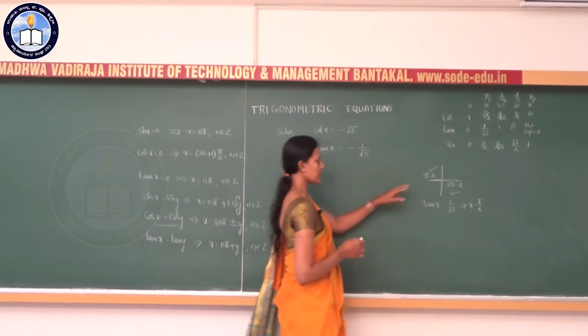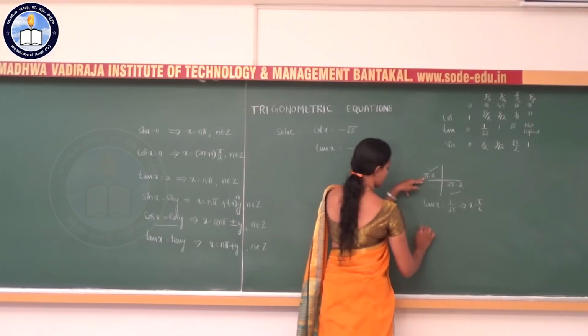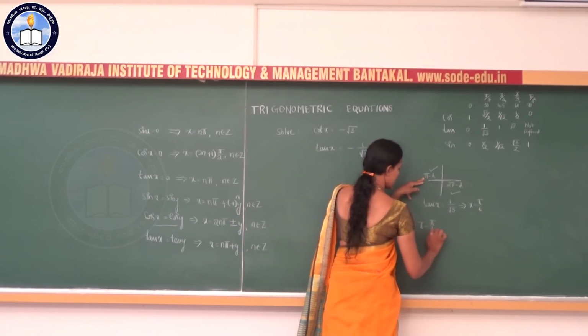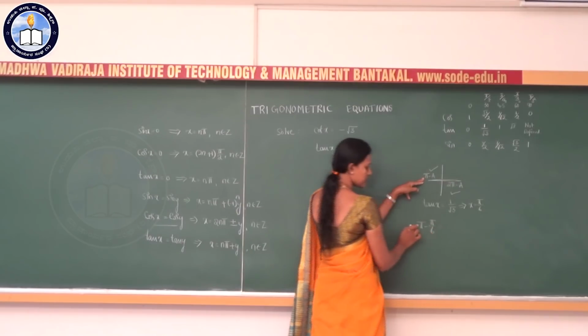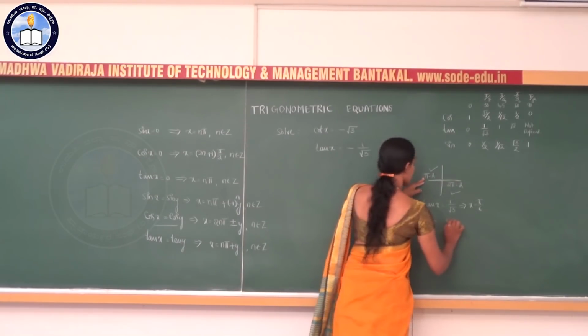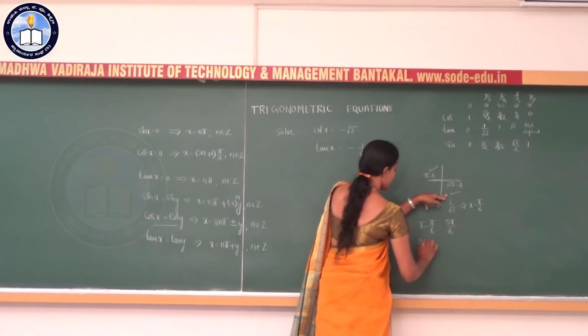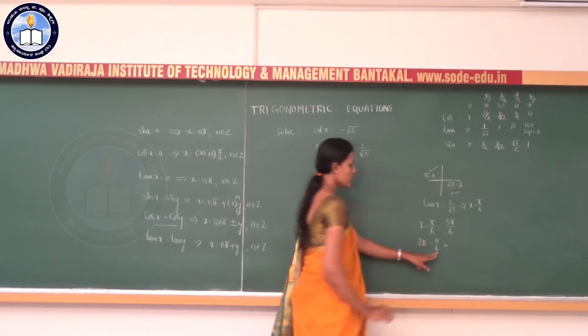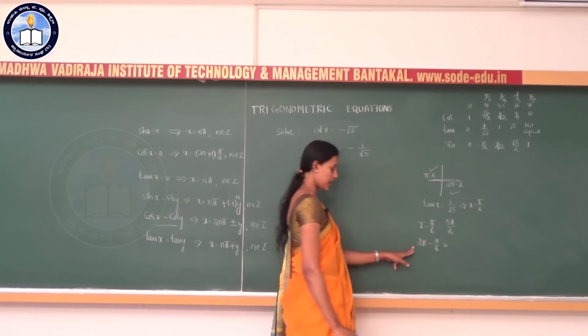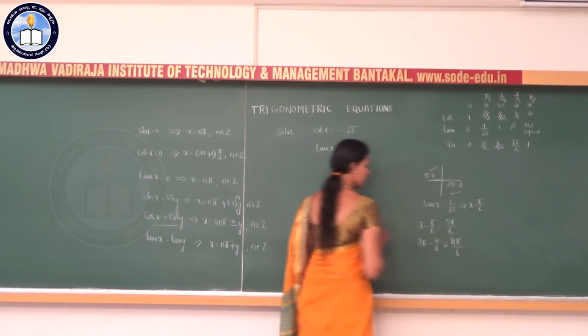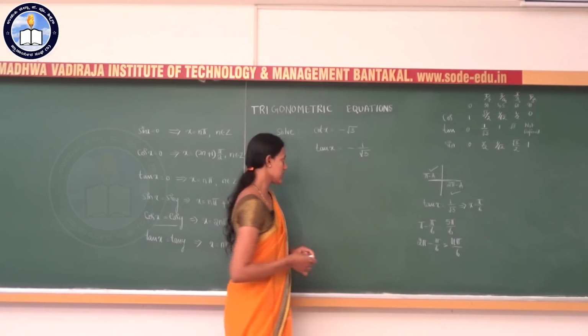So what are the principal solutions? They are pi minus pi by 6, which is 6 pi minus pi, that is 5 pi by 6, or it is 2 pi minus pi by 6. 6 into 2 pi is 12 pi, 12 pi minus pi is 11 pi, so 11 pi by 6.